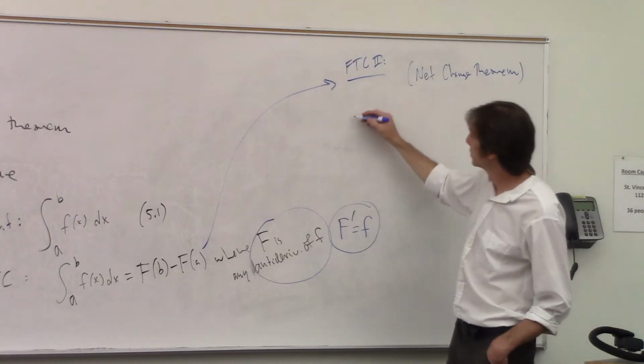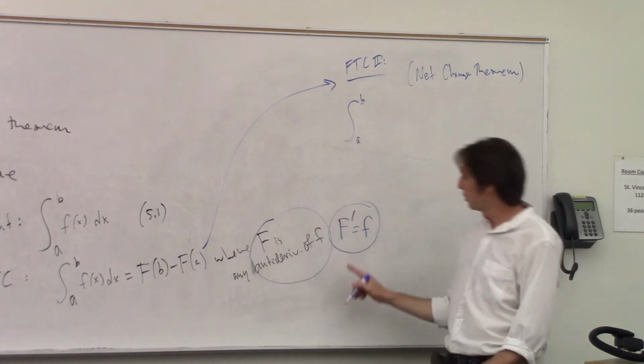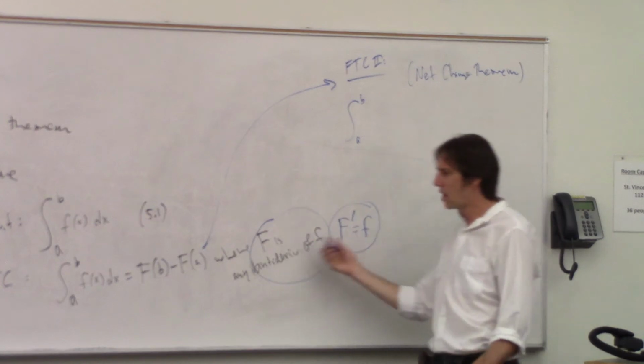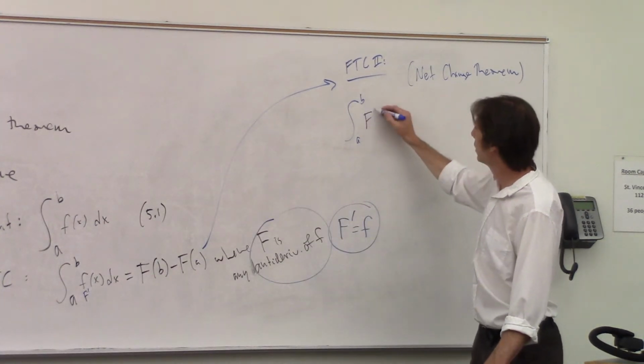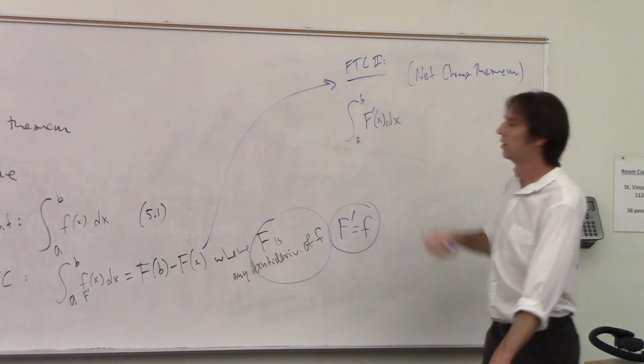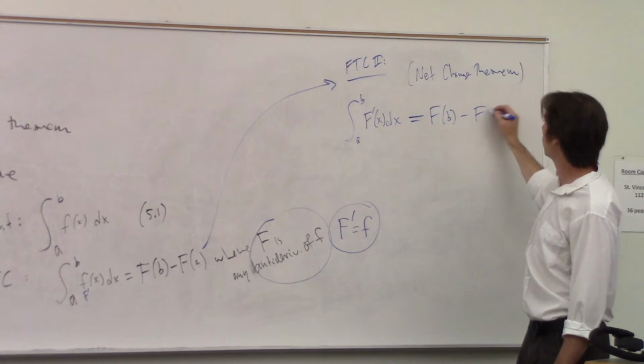And it looks like this: the integral from a to b of lowercase f, but remember lowercase f is actually capital F prime, so in place of lowercase f, I'm going to put capital F prime as my integrand. And what that turns out to equal is capital F of b minus capital F of a.